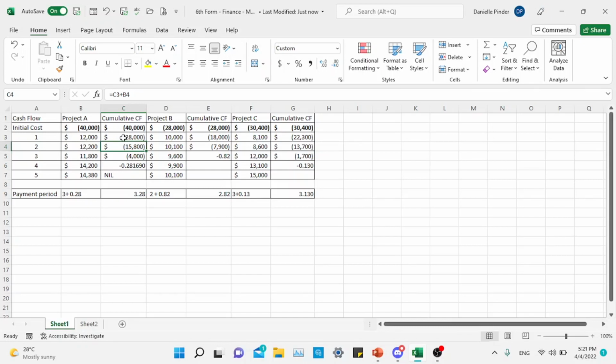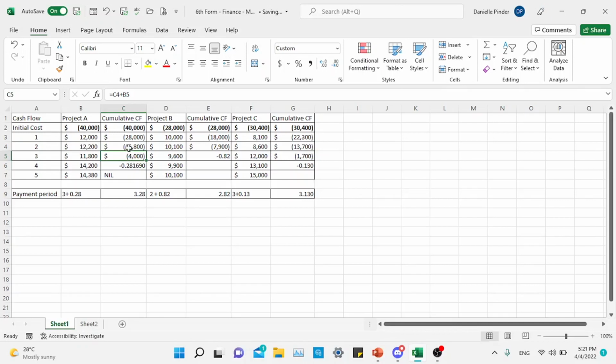When I subtract, in my second year, the 12,200 from the 28,000, I get 15,800 left to retrieve, right?